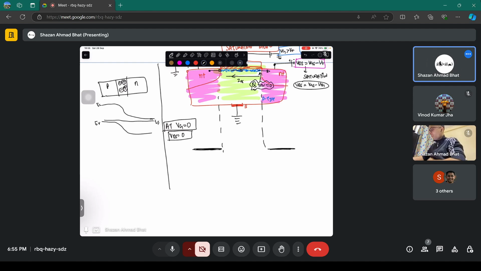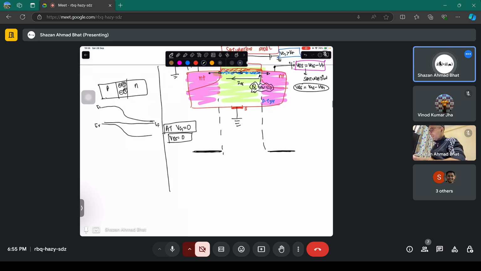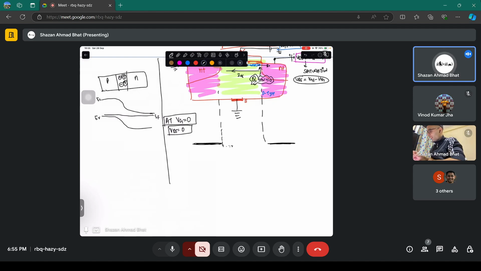Now in the middle, you have something like a different type of region, because you have induced electrons here in this region. Electrons are going to increase the electrostatic potential energy in this region.